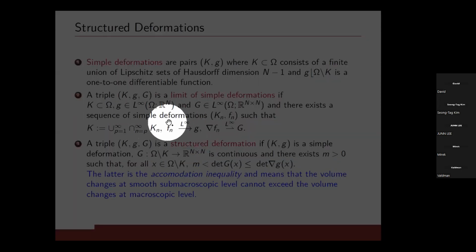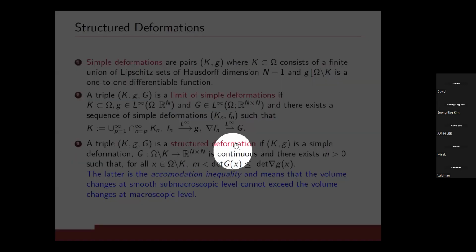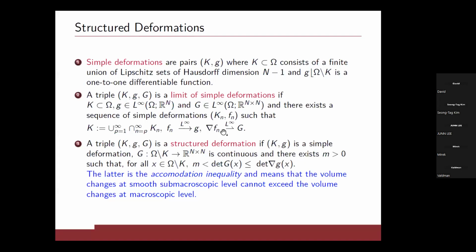Essentially, little g is achieved as the limit of simple deformations fn, and capital G is achieved as a weak limit of just the smooth part of your deformation gradient of fn. As I will clarify in a second, when I use this symbol nabla, I mean just the smooth part of the distributional derivative of the field fn.